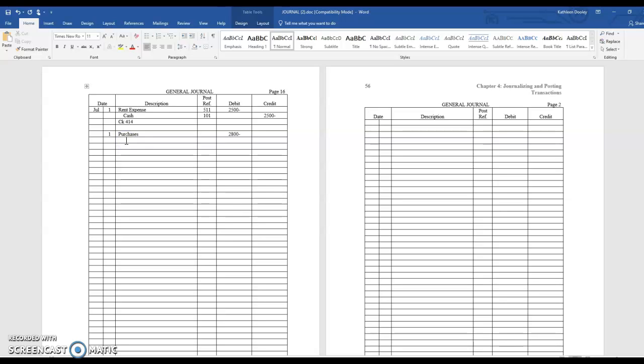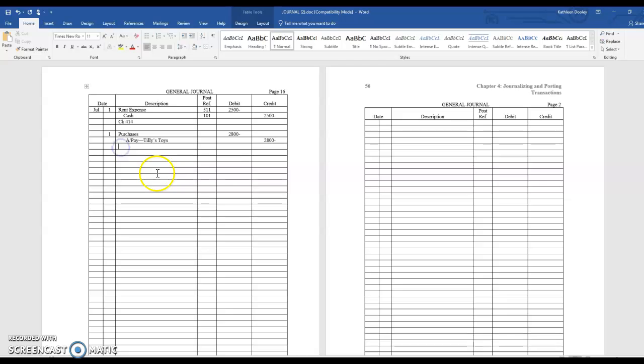Credit is indented, that's accounts payable. And whenever I put accounts payable, whether I'm debiting it or crediting it, I got to put the vendor name. Tilly's Toys. And that's 2,800.